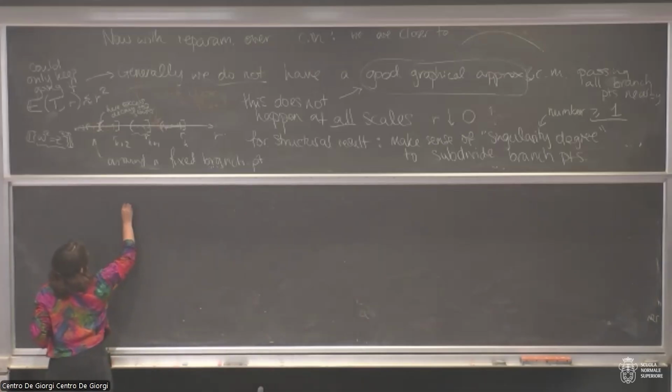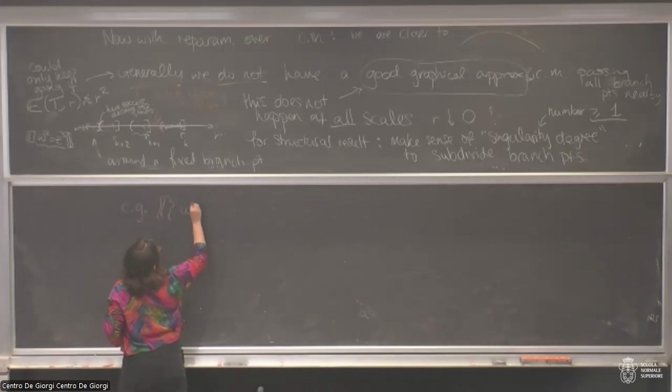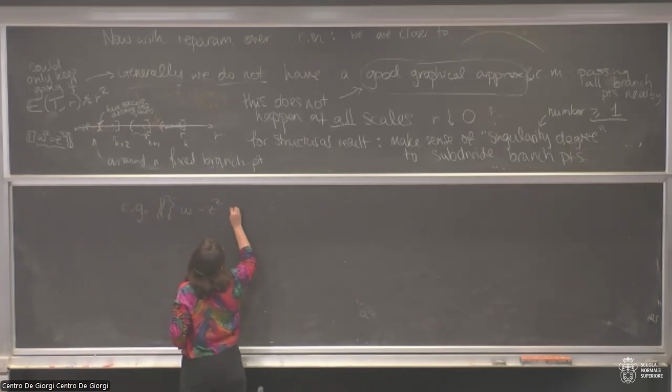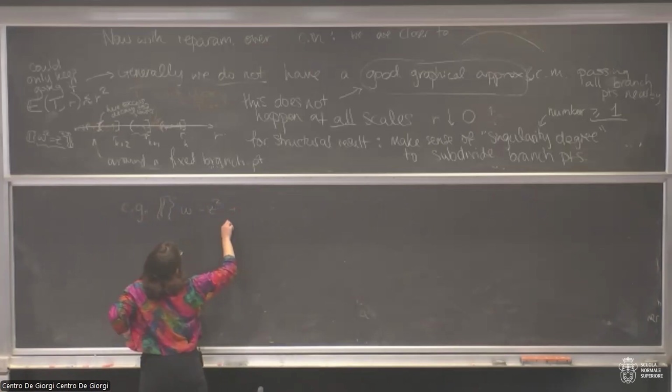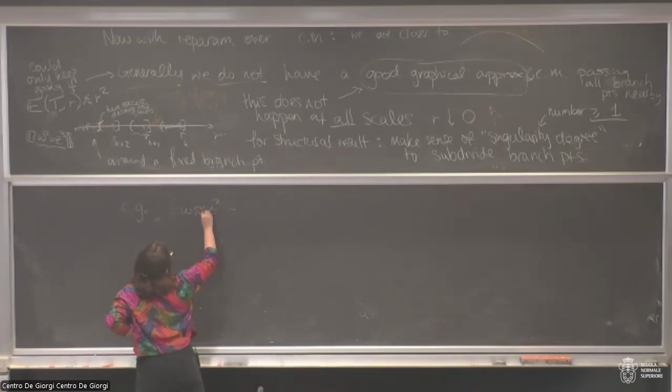So for instance, if you consider W minus E squared, okay, I probably won't end up setting this up correctly. Maybe I don't write this at the level of the surface itself, I'll just write it at the level of the behavior locally.